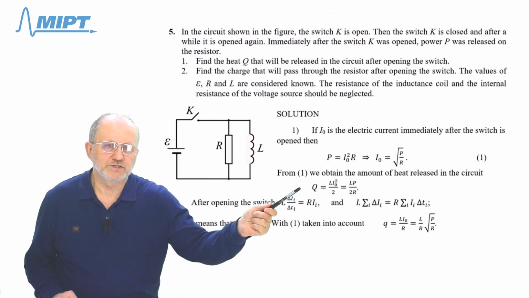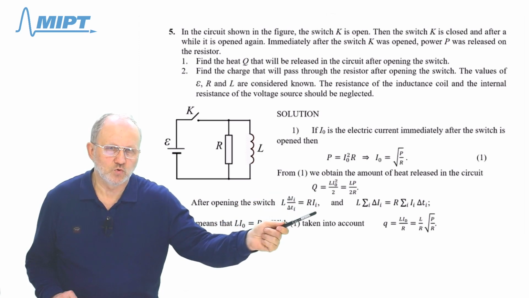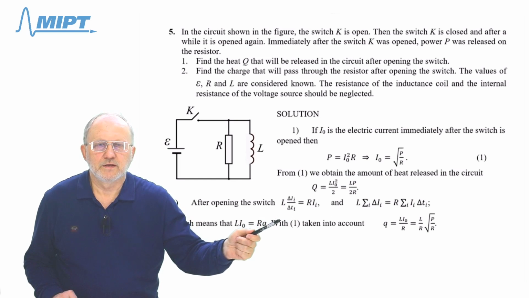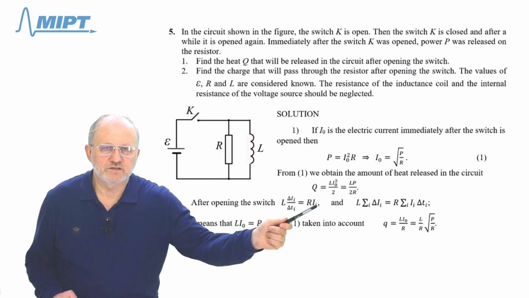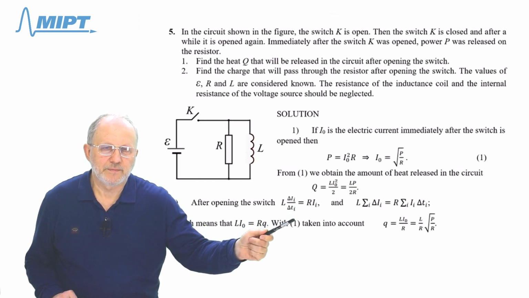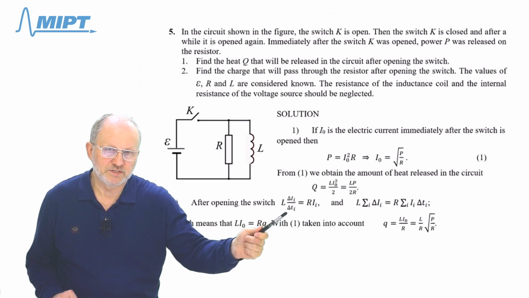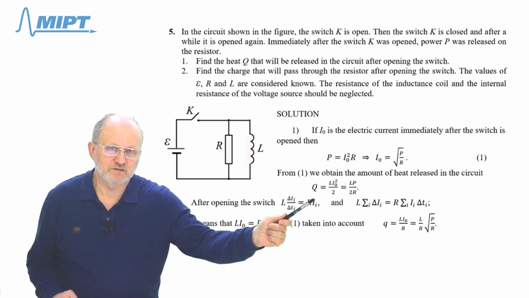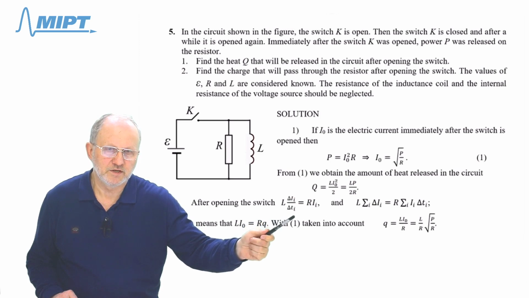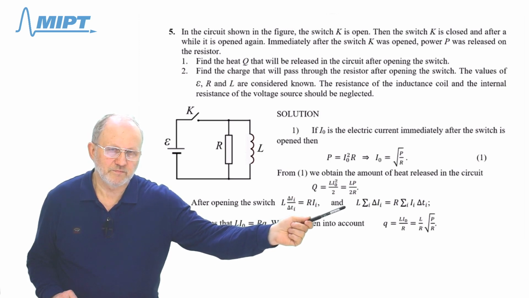So in this equation we use the Faraday law of magnetic inductance and Ohm's law. Then we multiply this equation by delta t. Delta t is a small period of time during which the current does not change considerably. The change in current is very small during the time interval delta t. And after multiplying this equation by the time interval delta t, we obtain this equation.